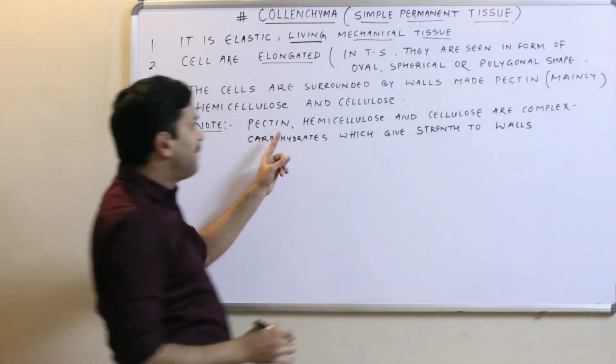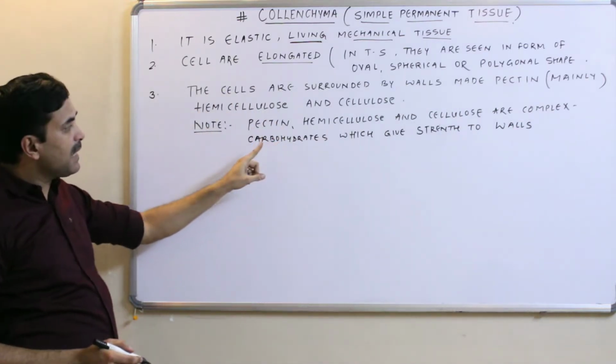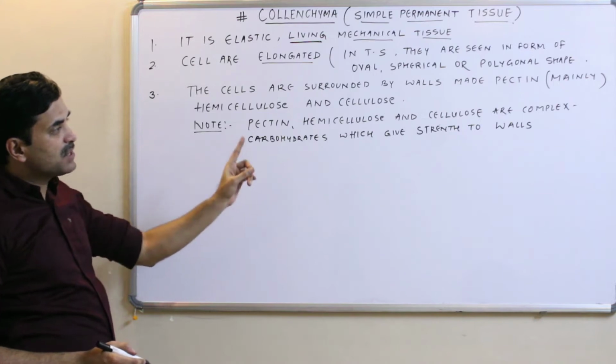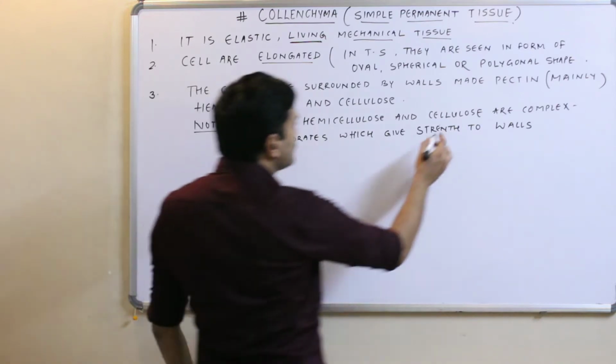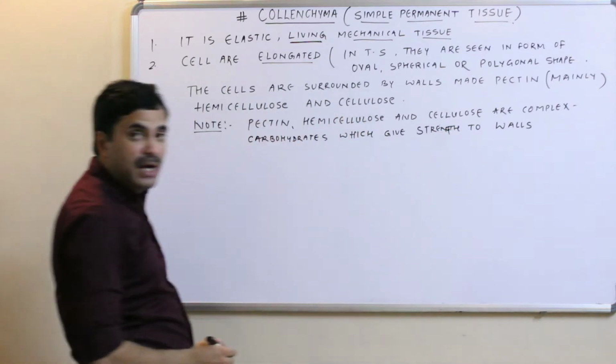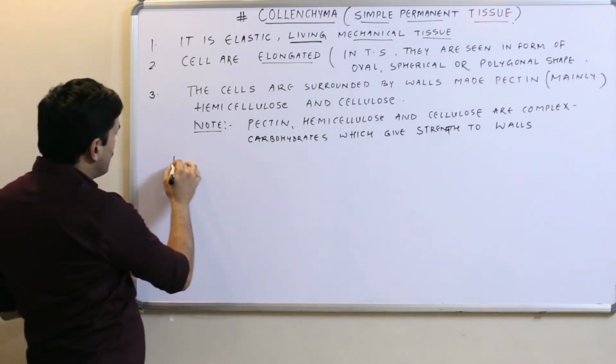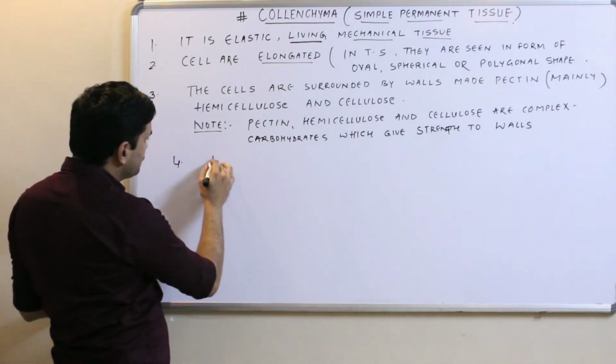Are you getting? Pectin, hemicellulose and cellulose are complex carbohydrates which give strength to the walls.